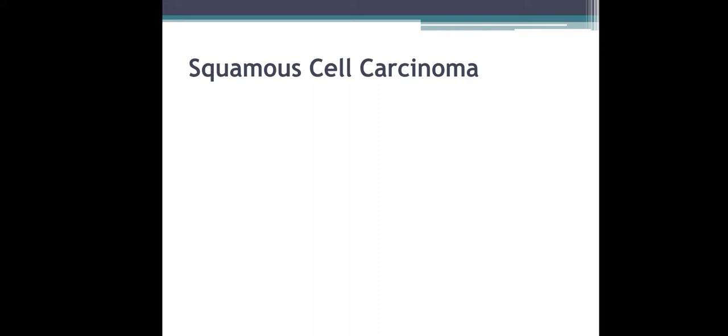All these areas you can get a squamous cell carcinoma, and there is no difference in the morphology from the skin. All the morphological features are the same. Everything is same only. The only difference is the site.